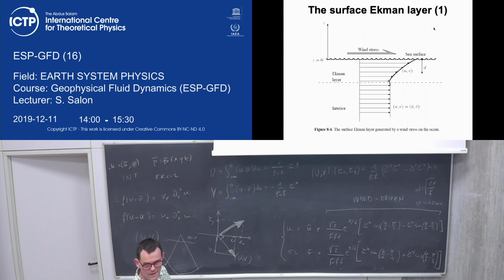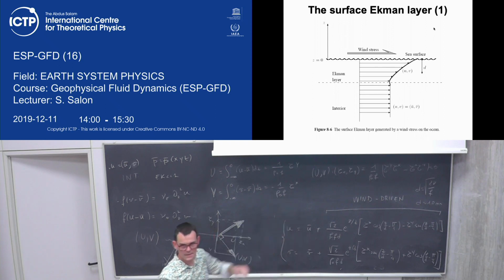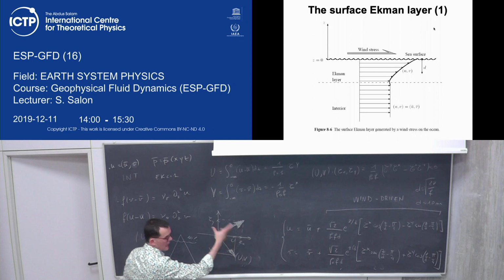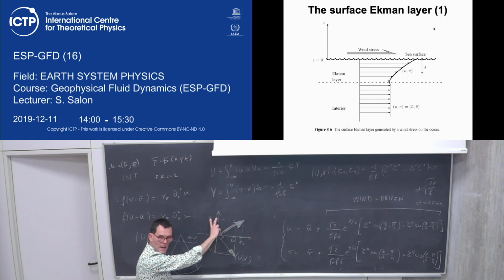Okay? But v is minus tau x. Sorry? I don't see how v is equal to minus tau x. Tau x, yes. So tau x is this one. So if this is 10, this will be minus 10. So it won't be plus 10.